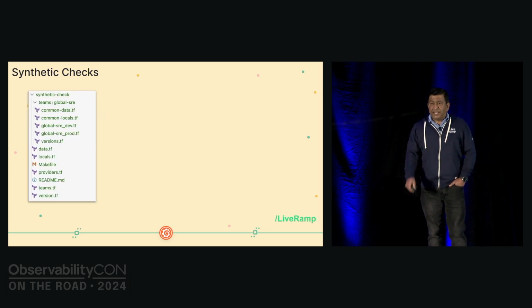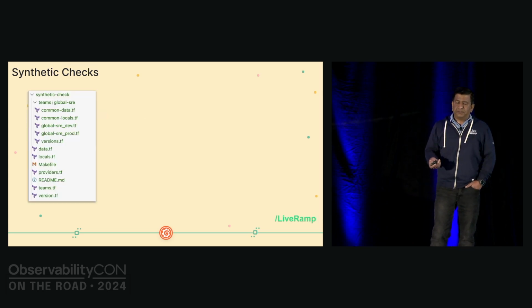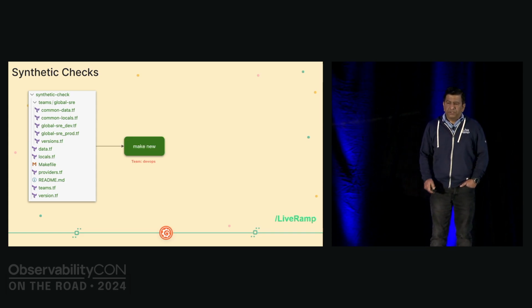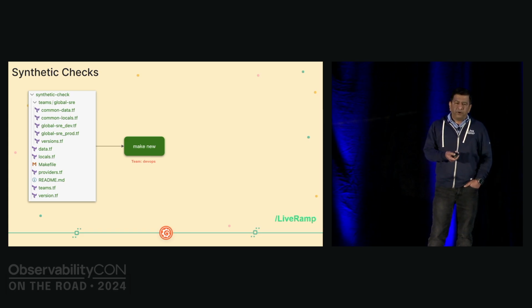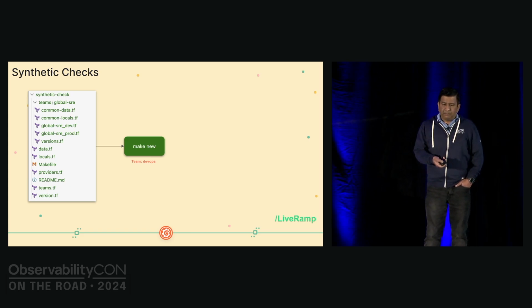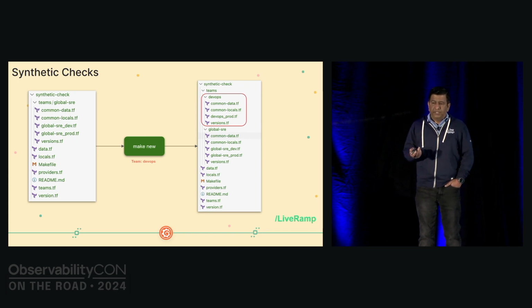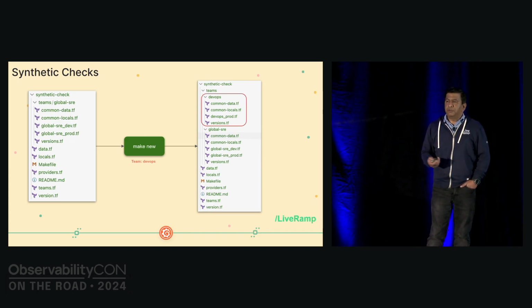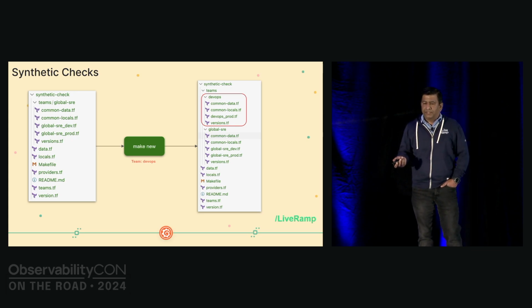Secondly, to further expedite the process for the engineering team, we have implemented a makefile script. This script prompts for a team name and automatically generates the folder structure, which will have all the necessary files. So the engineering team doesn't have to worry about all the supporting files required.